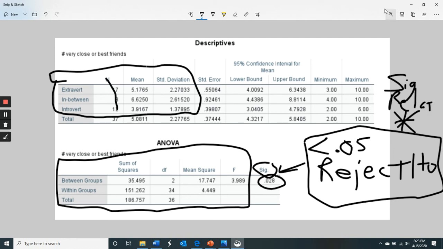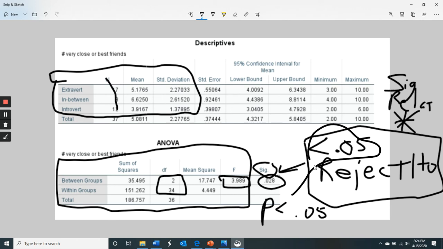So now we can say that one's level of extroversion is significantly related to the number of best friends, F(2, 34) = 3.99, p < 0.05, which we established here already.